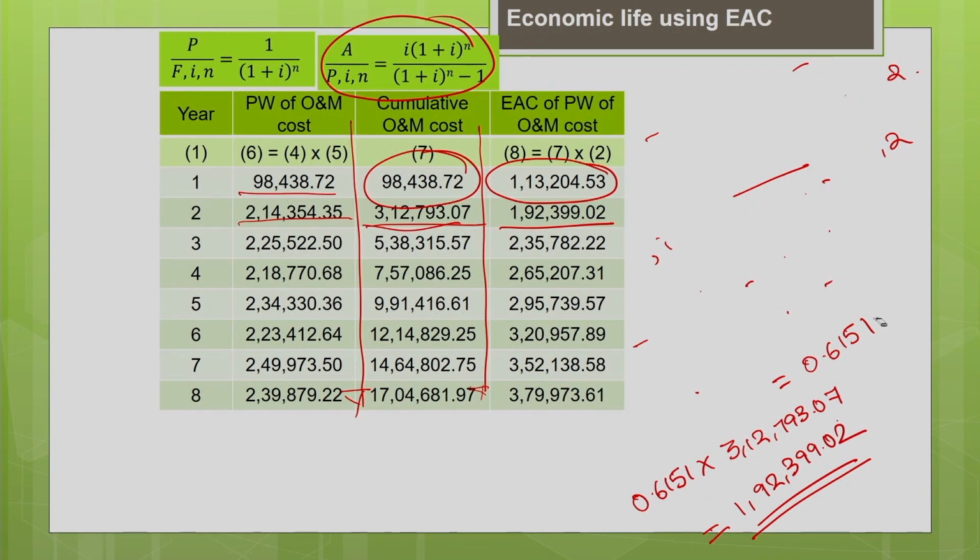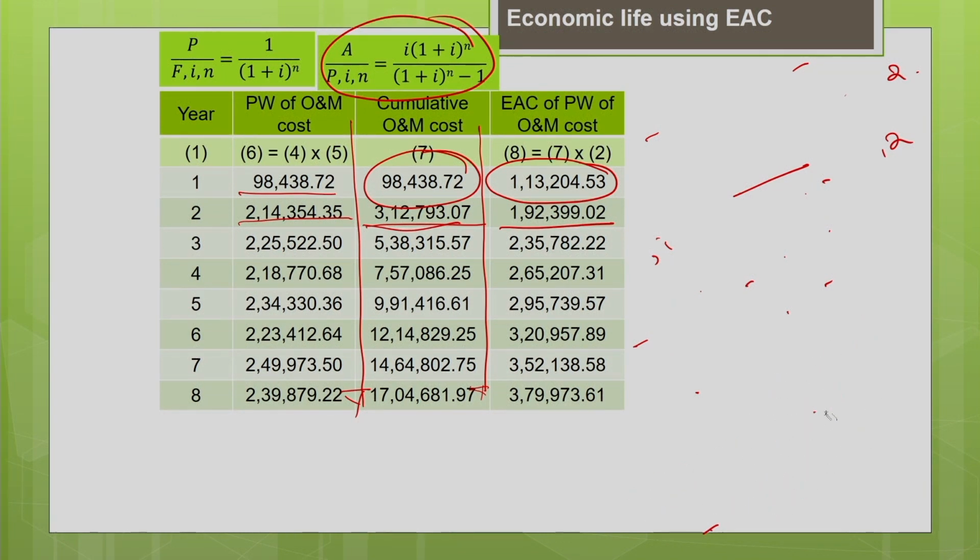Similarly, you can calculate it for the third year. We have already estimated the capital recovery factors for different years. So, let us calculate the equivalent annual cost of operating and maintenance cost for year 3.